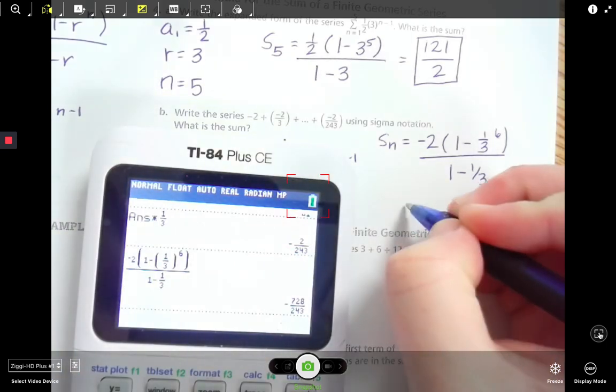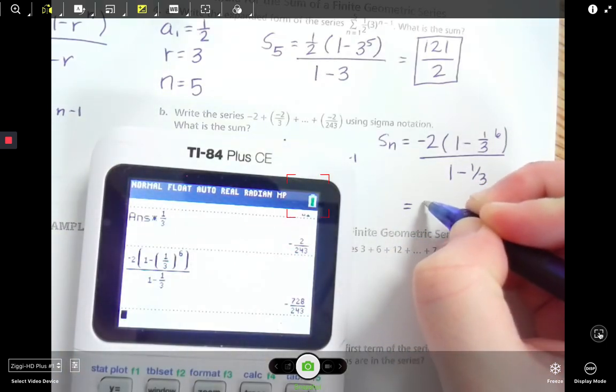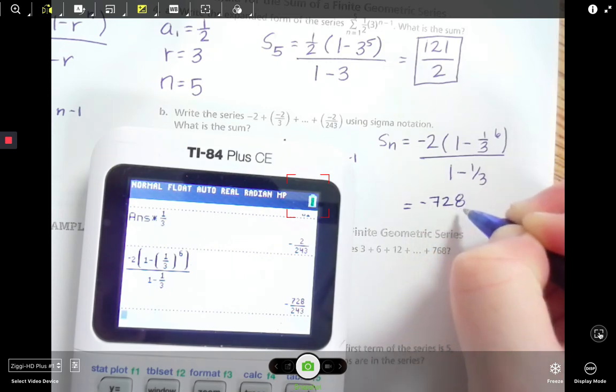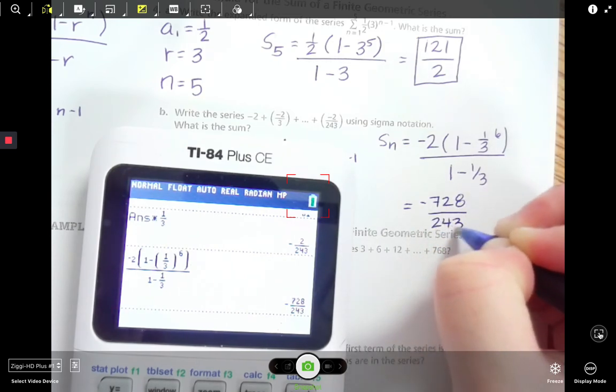And we get the sum of these 6 terms is negative 728 over 243.